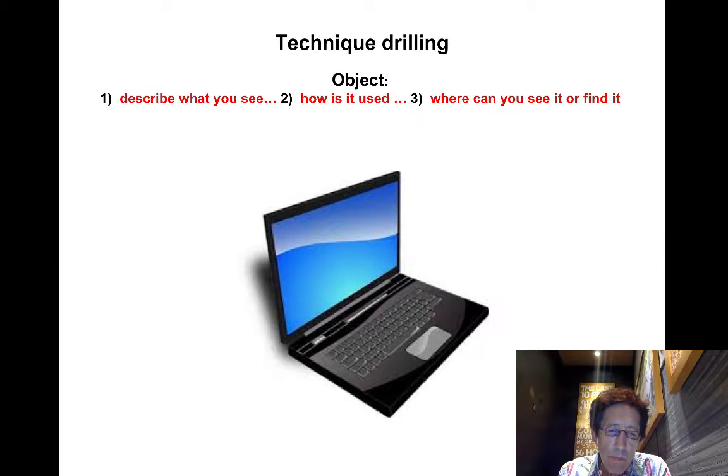Okay, next object, page 7. This object is an electric thing. There's a screen on it and a keyboard on it, and we can use this object to design pictures, or we can use it for the internet, for games, and listening to music, drawing pictures.